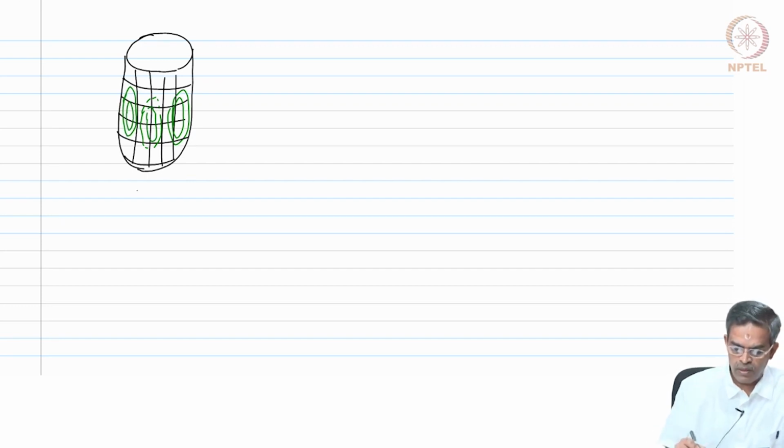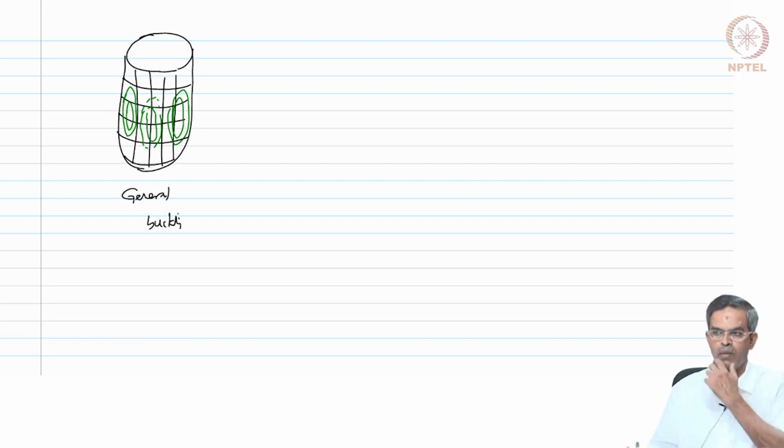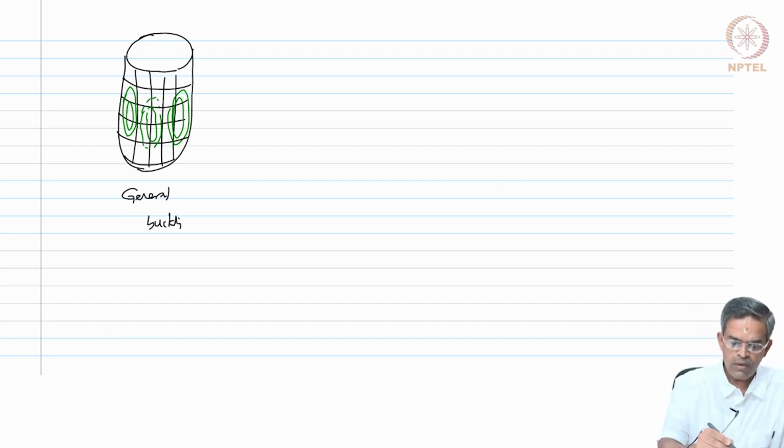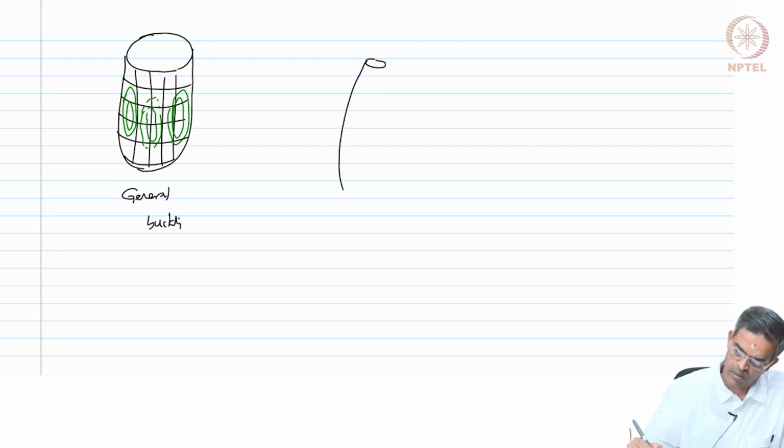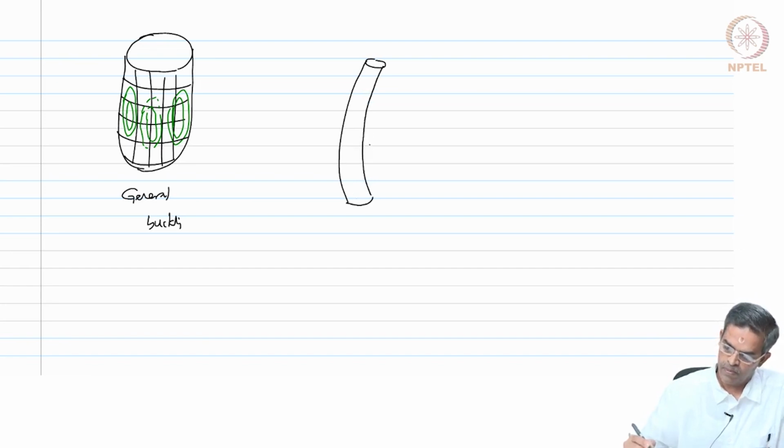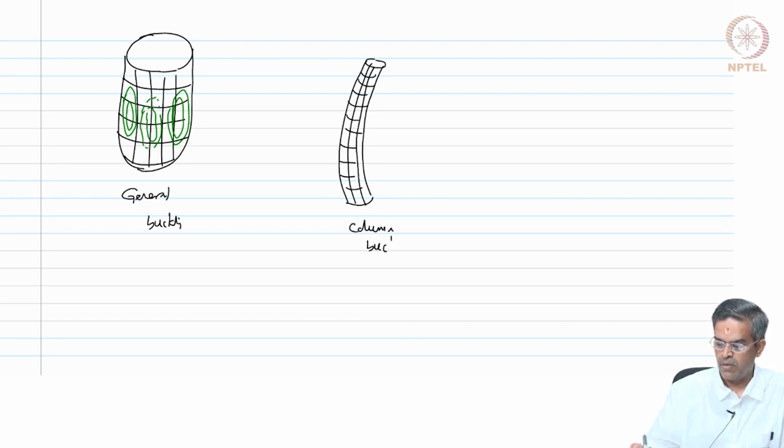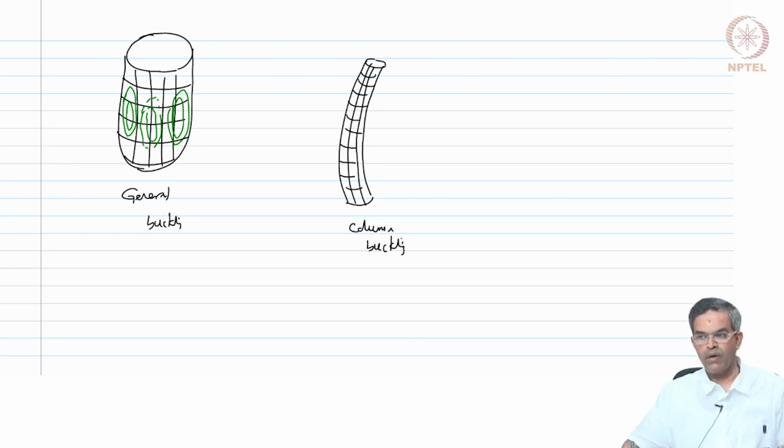So, this is called general buckling. Whereas, the column buckling phenomenon will be similar to what we have seen in a column. So, these are different buckling modes of failure of orthogonally stiffened cylinders.